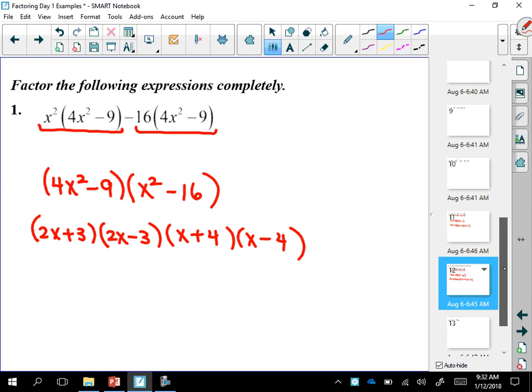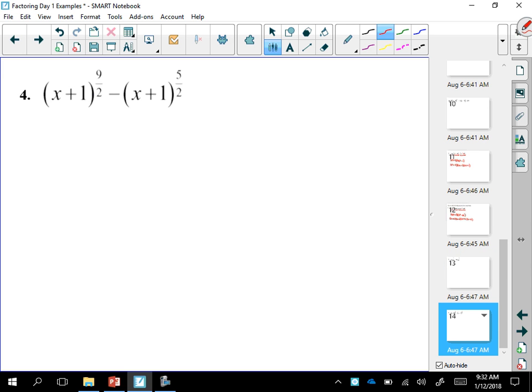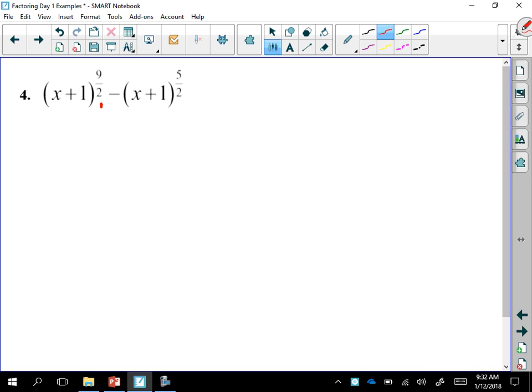Moving right along here. Let's do this one. x plus 1 to the 9/2 minus x plus 1 to the 5/2. There's the subtraction sign that's outside of parentheses.